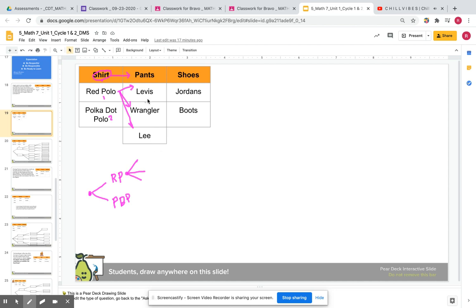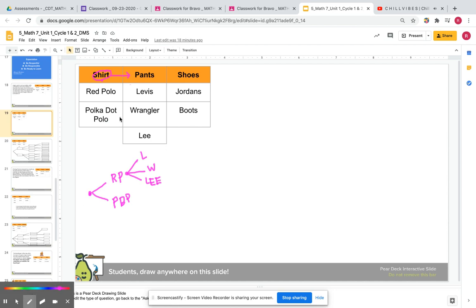One of the branches will lead to the Levi's. The next one will be a Wrangler jean. And the third one will be a Lee jean. Very similar with the polka dotted one. The polka dotted shirt can be combined with how many pants?